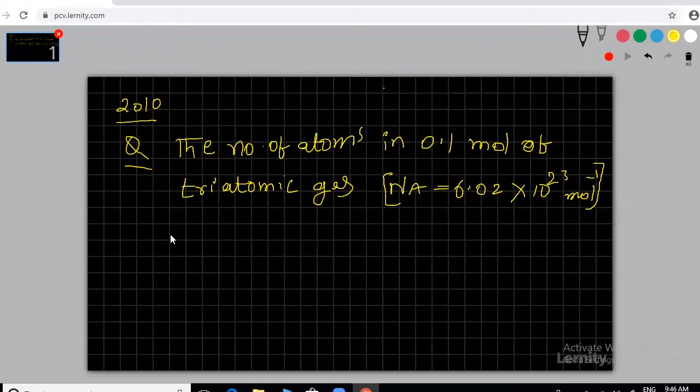First write the formula: number of atoms equals n into Avogadro number into atomicity.